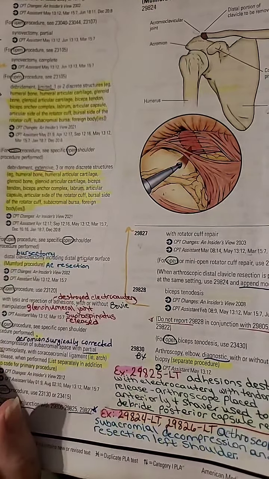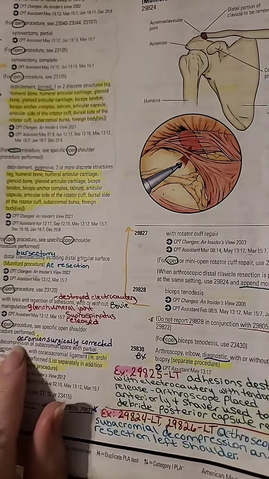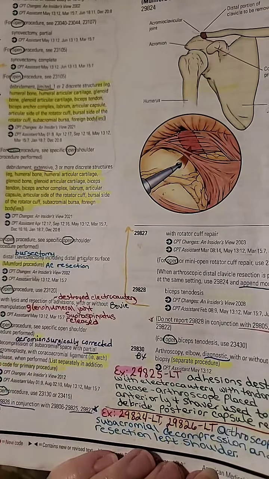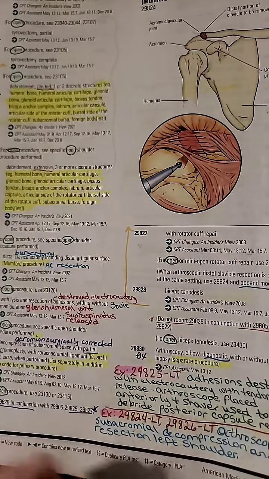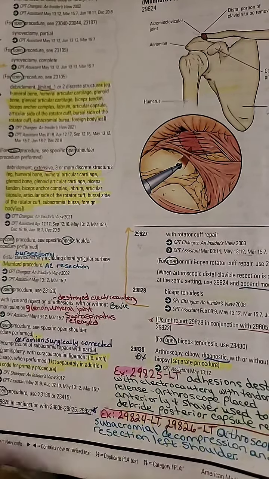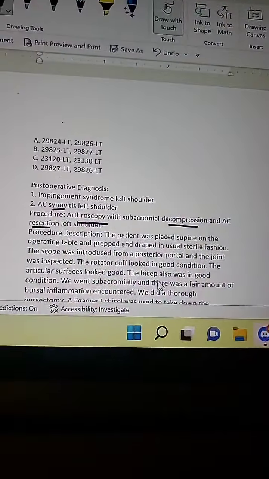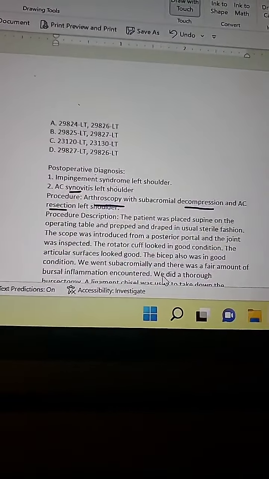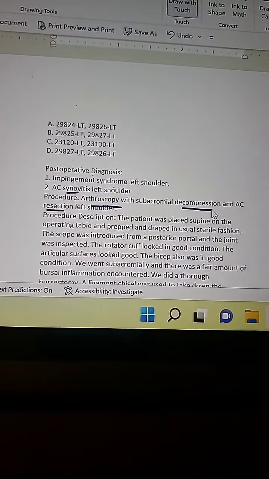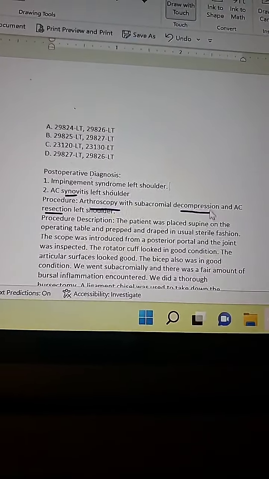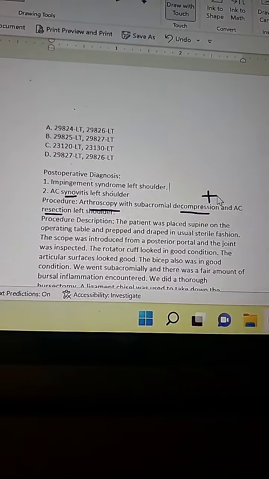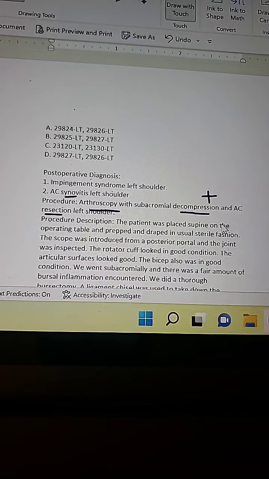Our 26 is where we get our decompression from, though. So it can be our secondary codes. We could use those two together. Yep, we did the decompression, which gets you the add-on code, right?